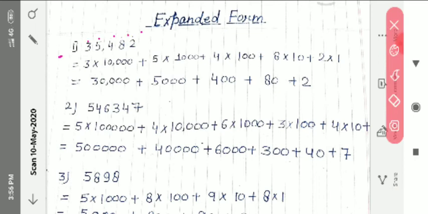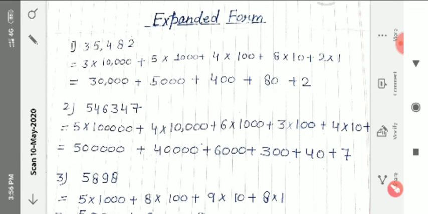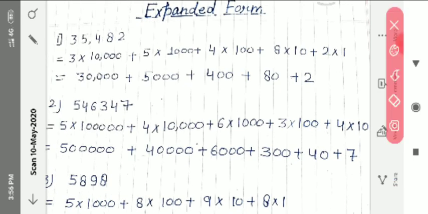35482. So it is 35,482. How will we write it in expanded form? Simply, firstly read the place of each digit. 2 is at ones place, 8 at tens place, 4 at hundreds place, 5 at thousands place, and 3 is at 10,000 place.